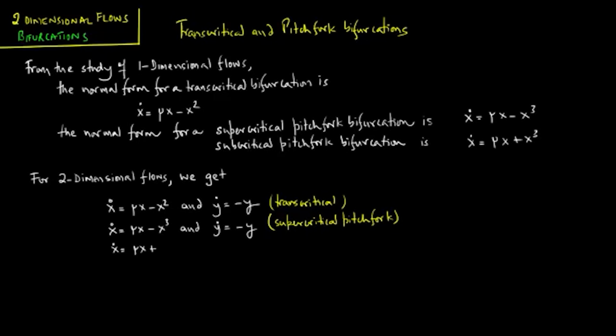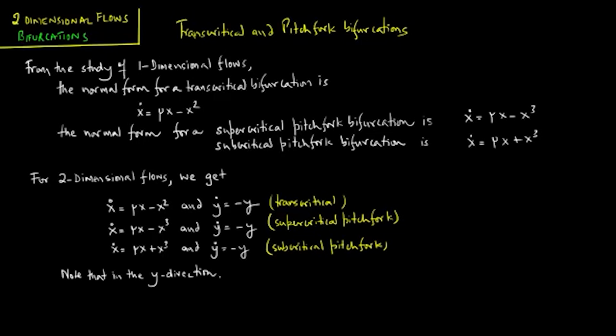And x dot is equal to mu x plus x cube and y dot is equal to minus y, and that's for a subcritical pitchfork bifurcation. Note that in the y direction, the motion is always exponentially damped.